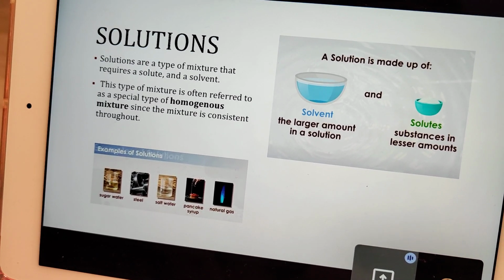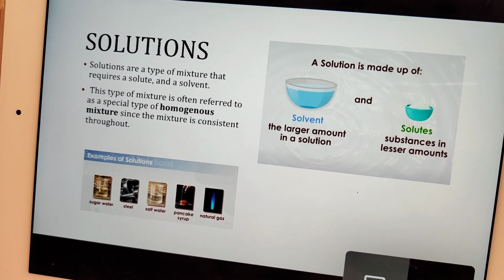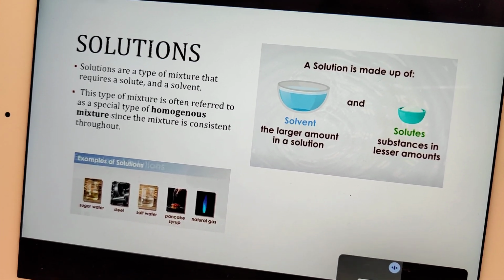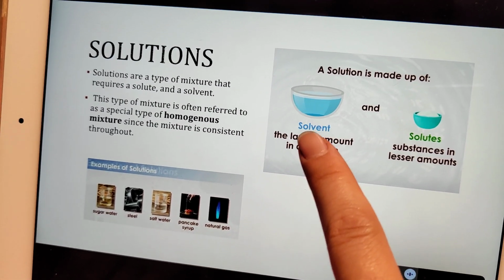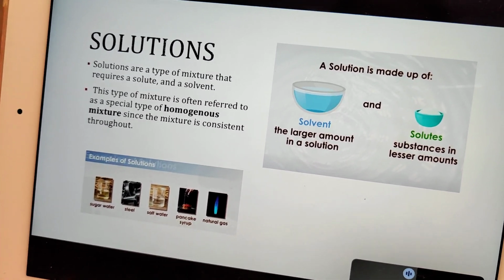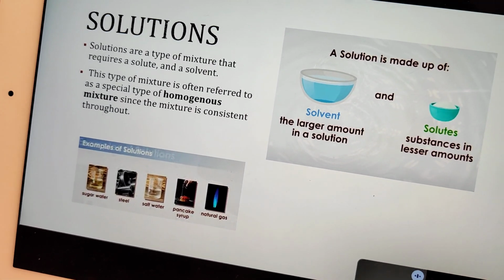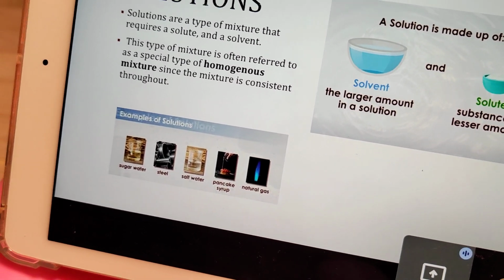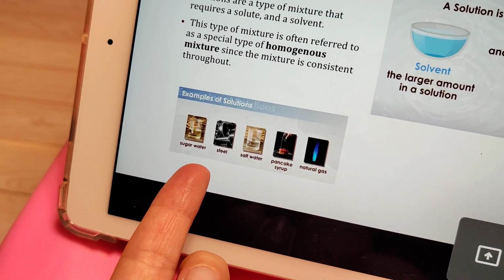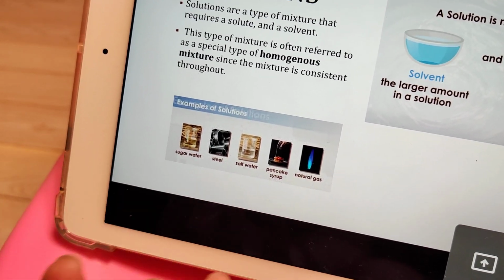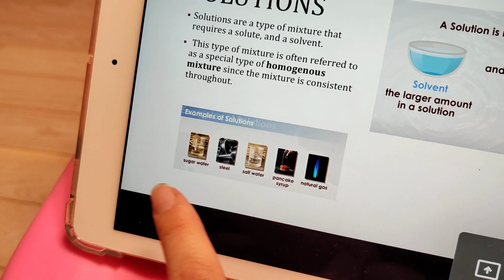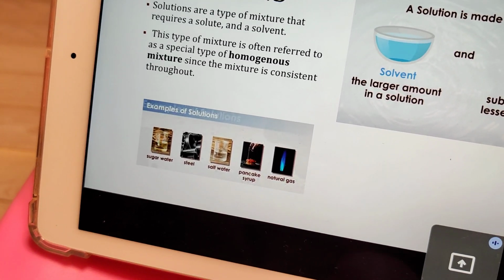It has a solute and solvent, whereas a homogeneous mixture doesn't have a different solvent and solute. For example, sugar and water. We have water, which is a solvent. It has more of the water and a lot less of the sugar. So this is a solution.